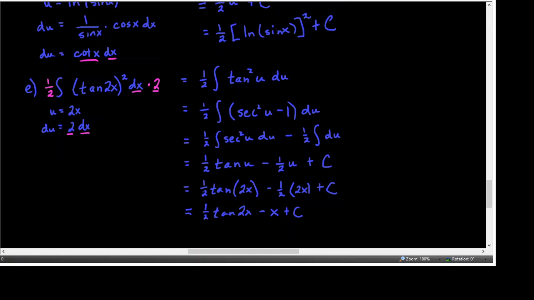The conjugate of 1 plus sine x is 1 minus sine x, and so that over itself is a form of 1. 1 minus sine squared in the denominator, using the trig identity, becomes cosine squared, and then split that fraction, and you can integrate secant squared x and minus sine x over cosine squared x. You can use u substitution where u is cosine x to do that one. So these are some examples of things to look for in this section.